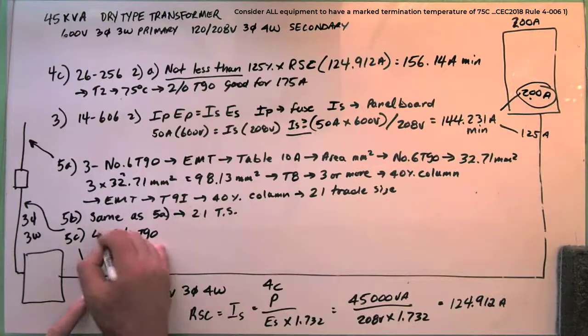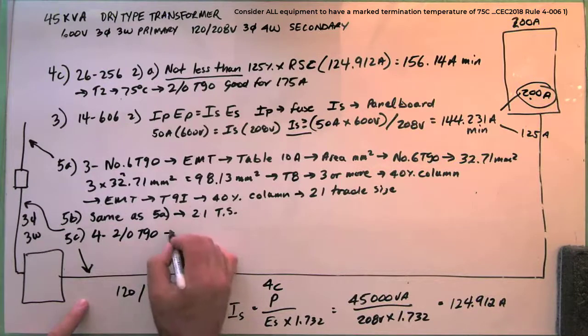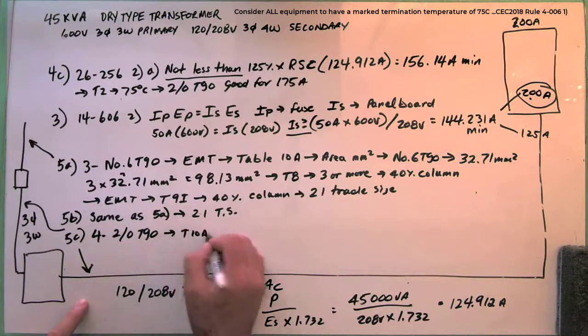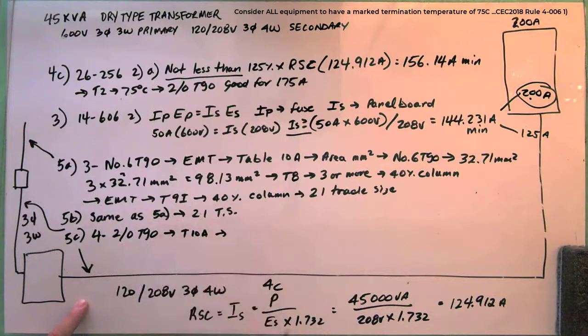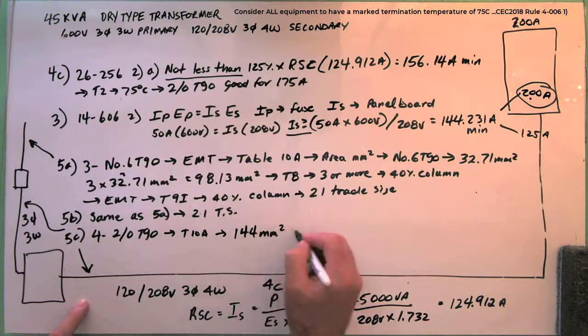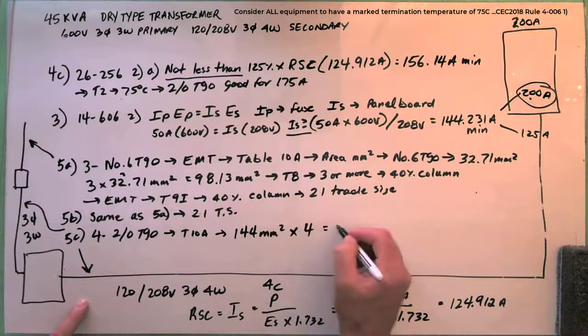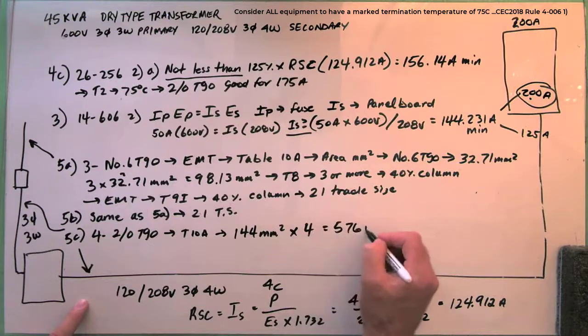Yes, there's 4 of them there. So I've got to go to Table 10A. What's the area of one 2/0? I think it's 144 millimeters squared. How many wires are there? 4. That equals 576 millimeters squared.